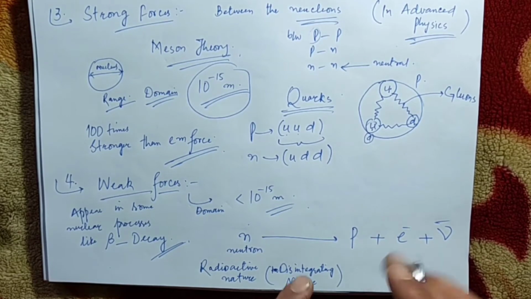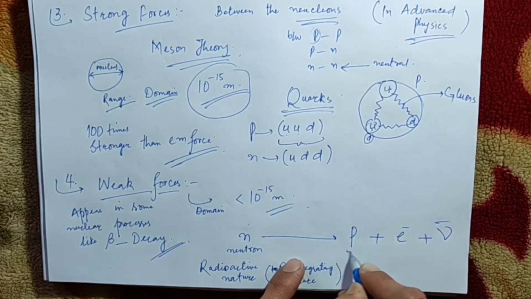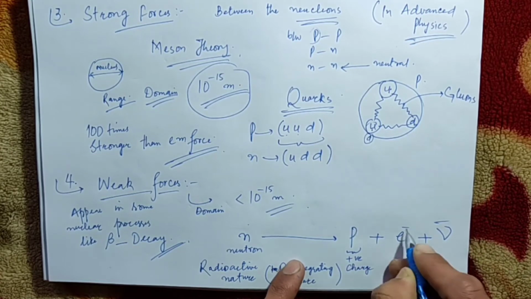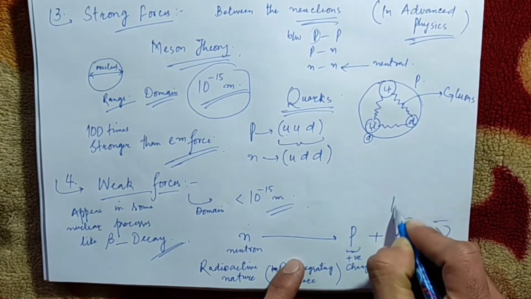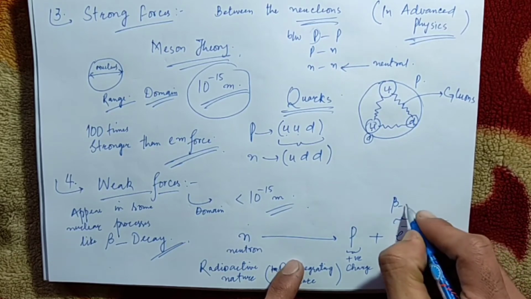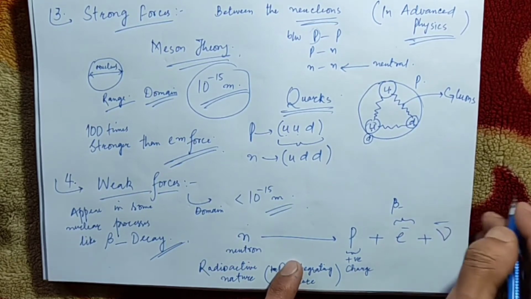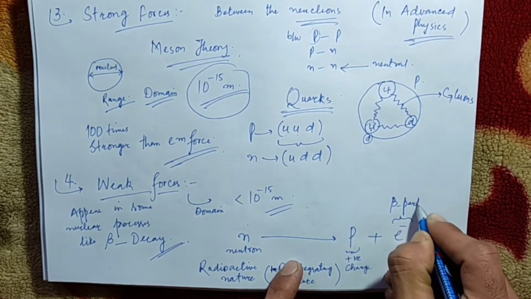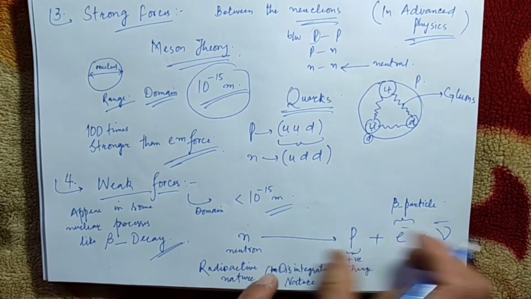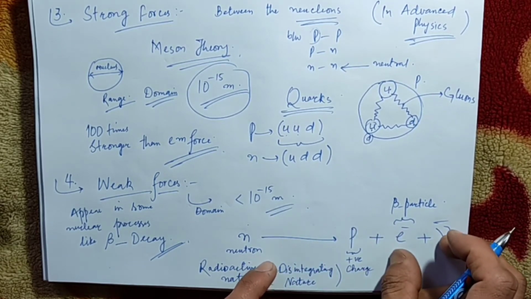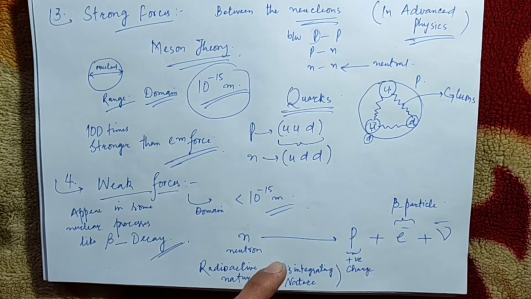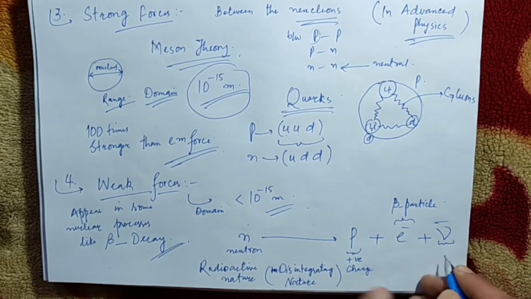This is the proton, the positive charge. This very thing is the beta particle, which is coming out of the nucleus. To conserve the momentum, as you will come to know in the advanced topic, we have another particle coming out.